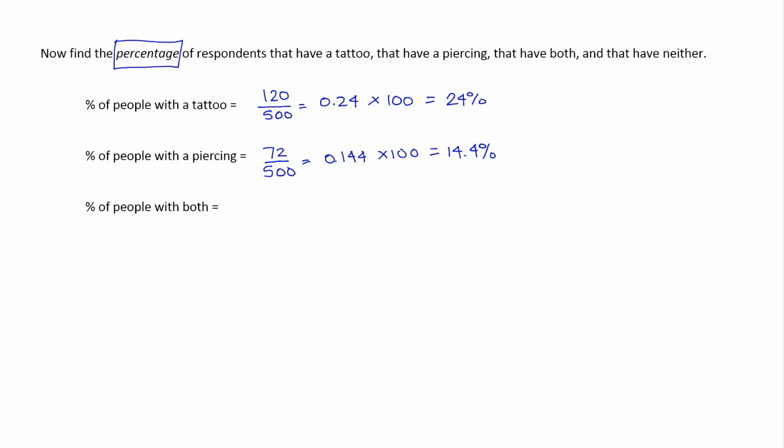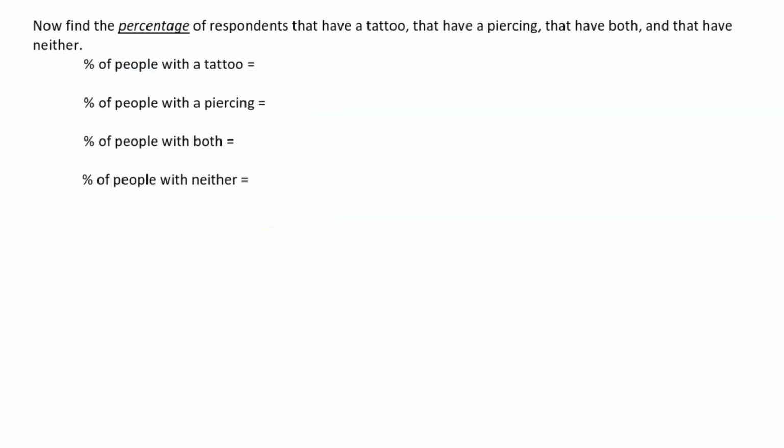And the last part of the question asks for the percent of people with both. So that will be 41 out of our 500. That equals 0.082. And I multiply by 100 to get 8.2%. There's actually one more problem that we need, and that is the percent of people with neither a tattoo or a piercing.